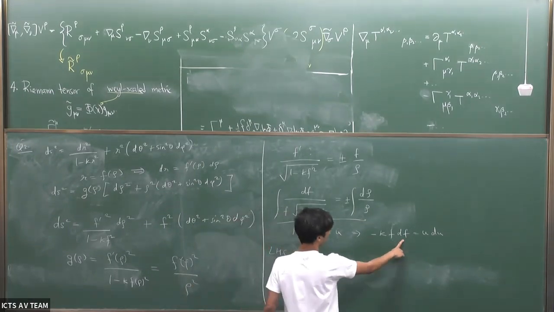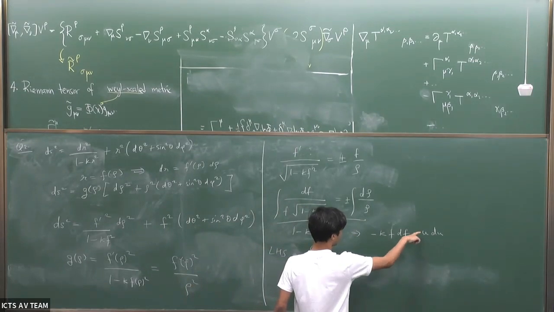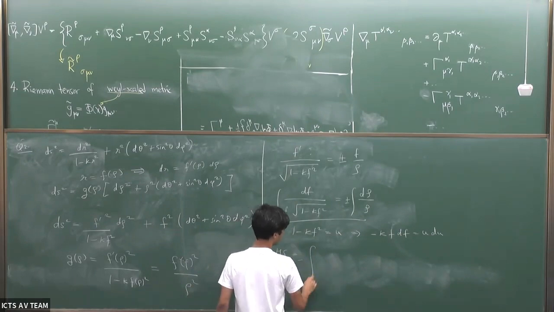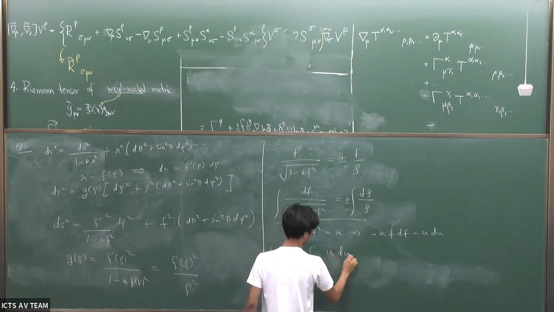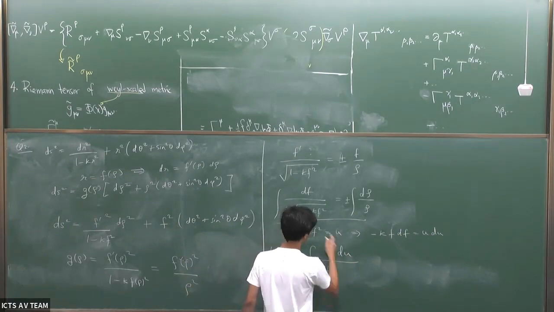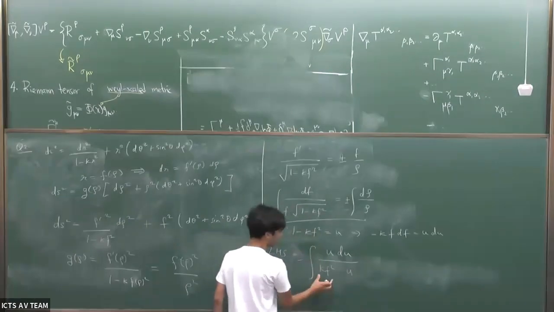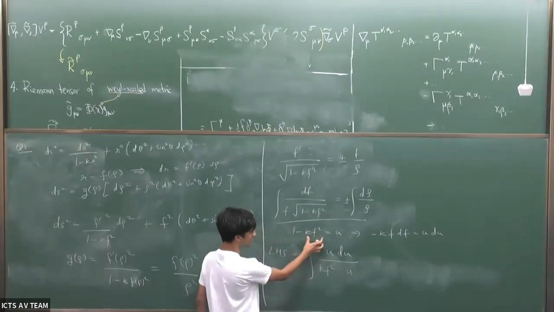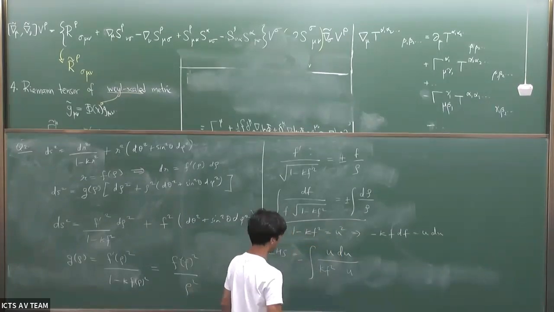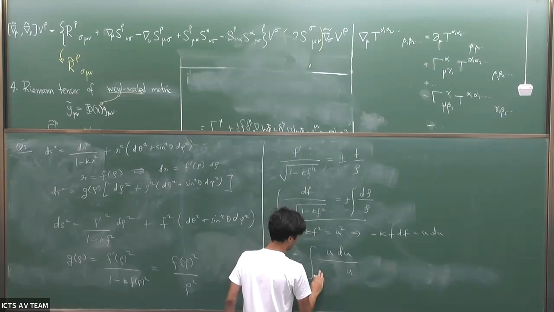So df is −u du over k f, and there's an f already here. So minus u du over k f², times this is just u. And this k f² is essentially just 1 − u².